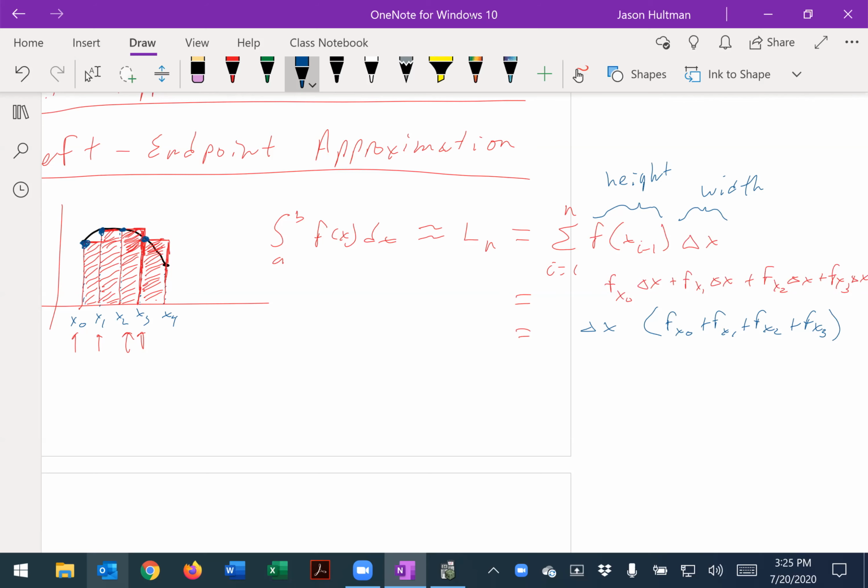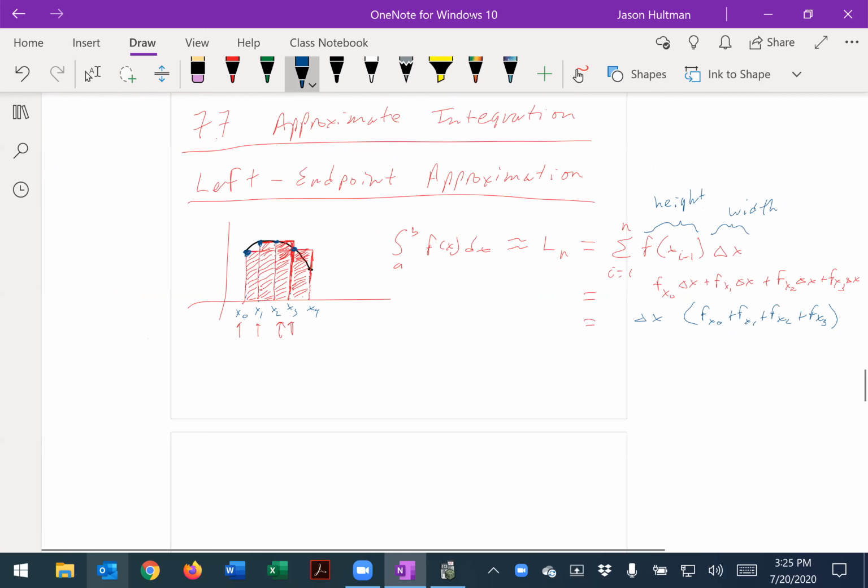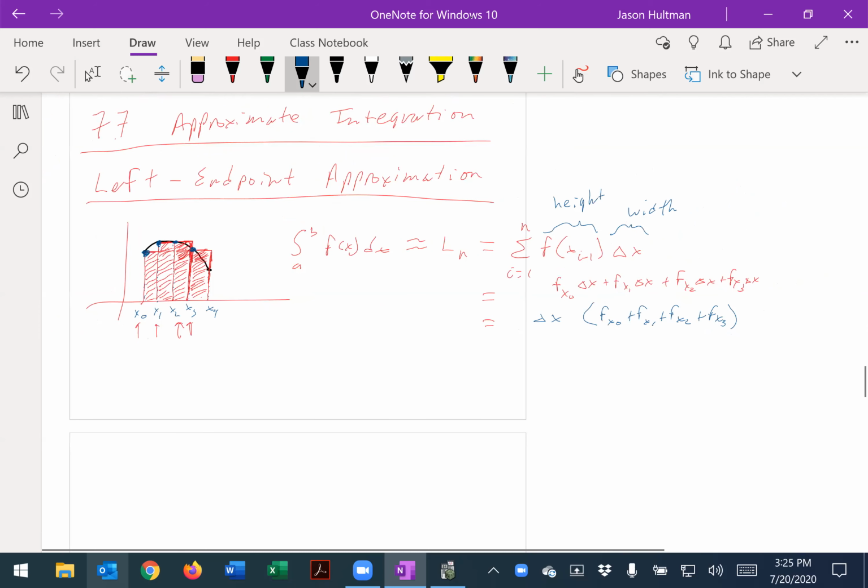Okay, a right endpoint approximation looks like so. Let's go with green on this one. Right endpoint approximation.